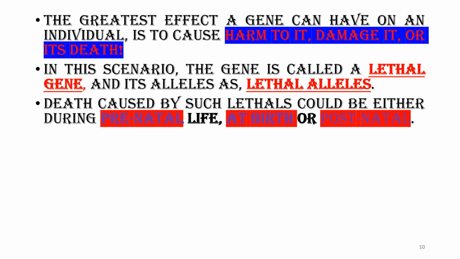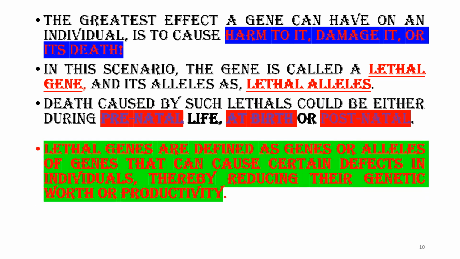When a gene is able to cause harm, damage an individual, or lead to its death, it is called a lethal gene, and the alleles that lead to this lethality are known as lethal alleles. Death caused by such lethals will be either during the prenatal stage, at birth, or at the postnatal stage of development of the individual.